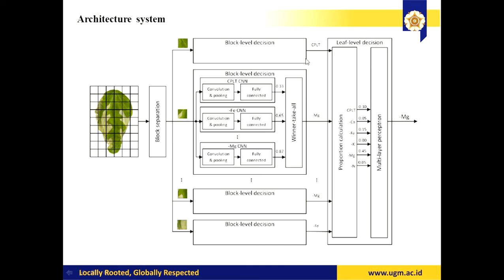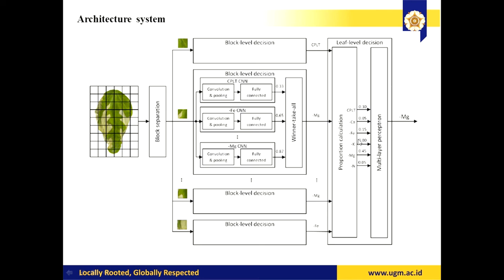For the top it is CPLT, and for the bottom it is FA. Each value will be checked for the proportion calculation.